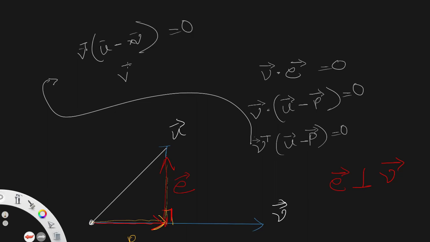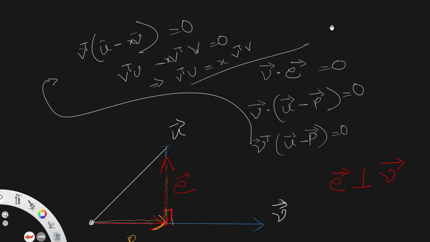So VTU minus VT xv. X is a scalar, so I'm going to bring that outside, is equal to 0, which gives me VTU equal to X VTV.